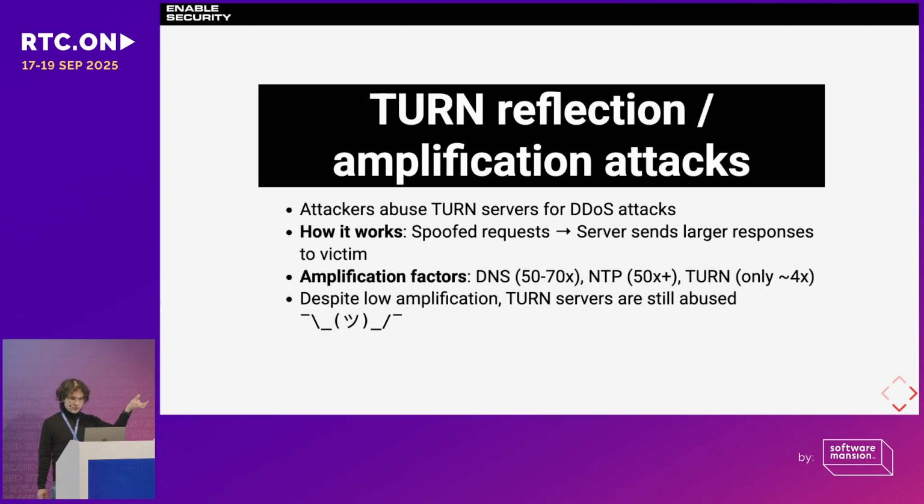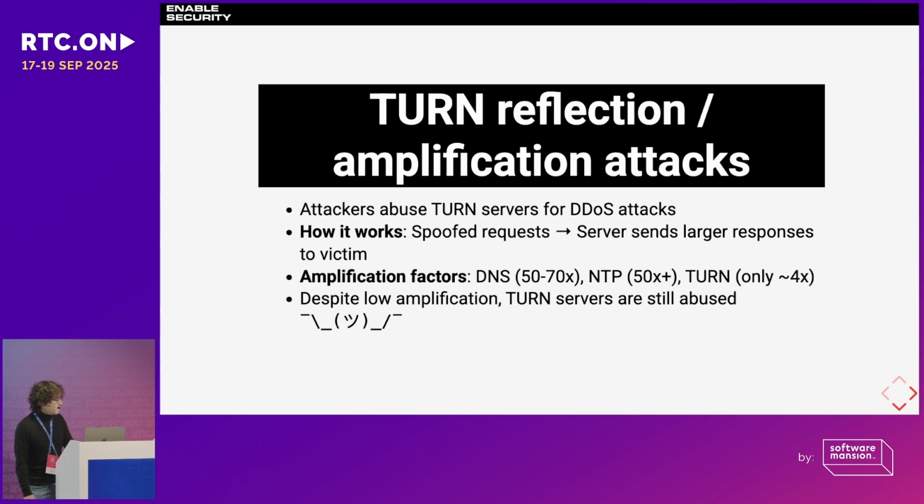They spoof the source IP address, the target server, it might be DNS, NTP, or even turn, in this case, that's what we're talking about, receives that request on UDP and sends a reply. And the reply goes to the spoofed IP address, which is actually the victim, right? And when they do this at scale, they get an amplification factor.